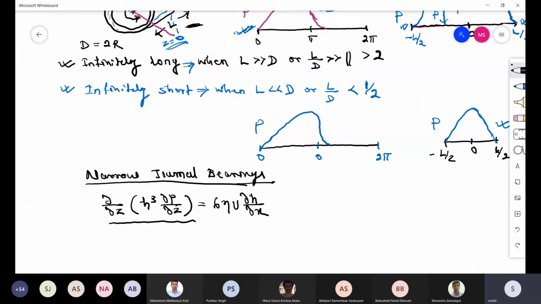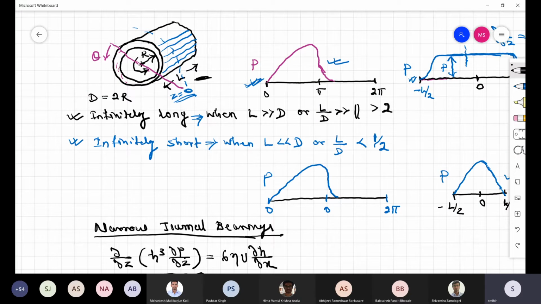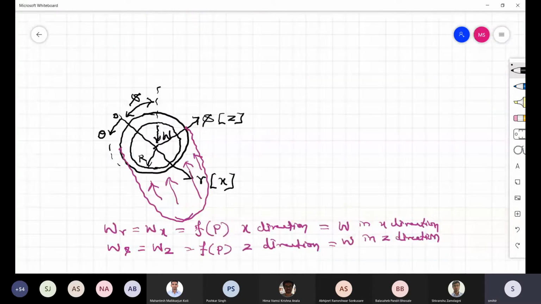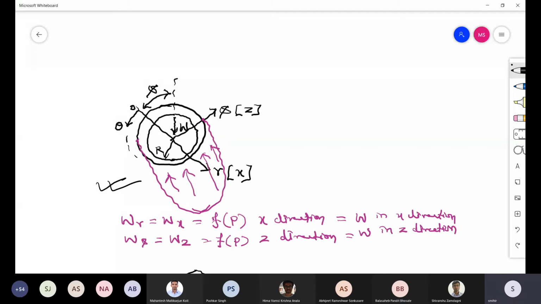Now, using the polar coordinate system, where x equals r theta, dx equals r d theta. You can refer to the same picture that I have drawn here. I drew this last class also, so refer to the same picture.